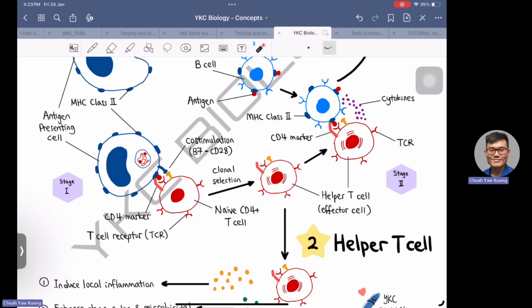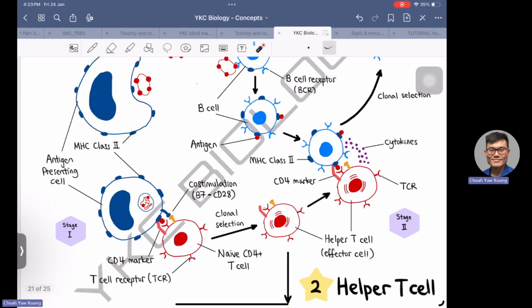So these phagocytes presenting the antigen on the MHC class II will act as the antigen presenting cell in order to activate the naive CD4 T cell later. So this is what happens in one part of stage 1.